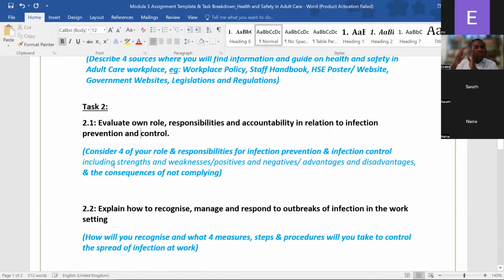What is your role or your responsibility as a healthcare practitioner, as a care home manager, or a deputy manager, or anyone in a managerial role in relation to how to prevent infection and how to control infection at the workplace? So here you would also include the strengths and weaknesses, positives or negatives, advantages and disadvantages of your role, because it says evaluate. So the key command word here is evaluate.